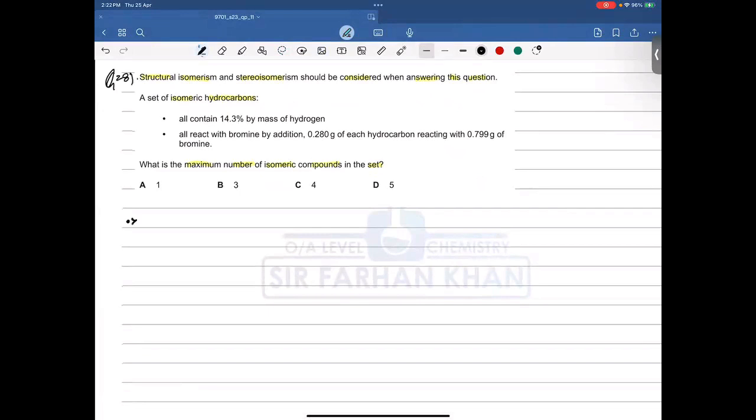Now, first of all, we have the mass of bromine, which means we can find the moles of bromine. So first of all, moles of bromine: 0.799 divided by the MR of bromine.